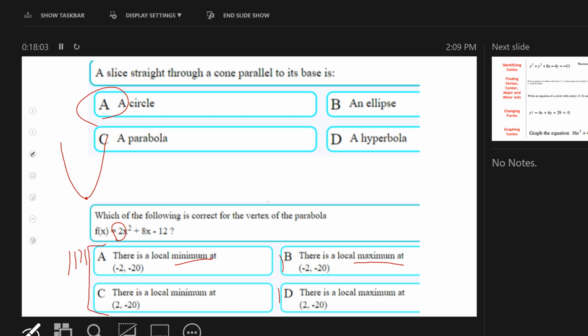And now it's figuring out, well, what's the vertex? You do vertex by what? Completing the square? Or negative b over 2a. It is A. You were right, Alex. Way to be brave.